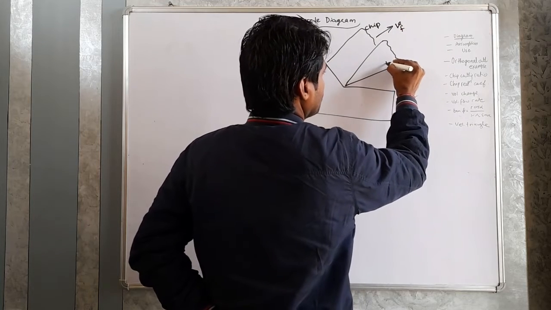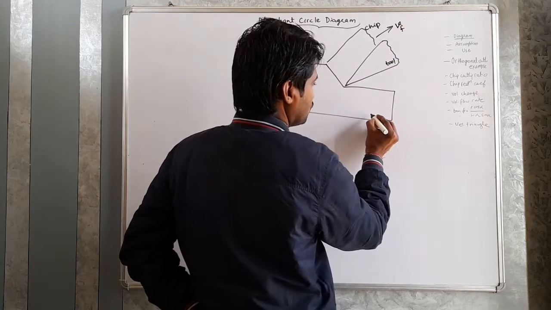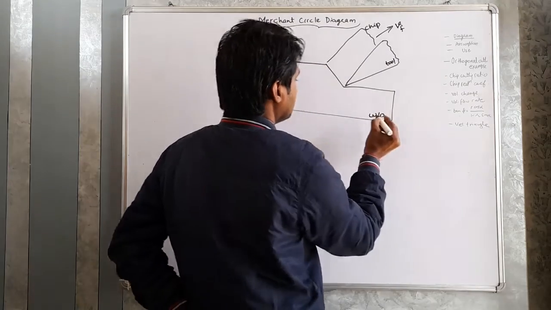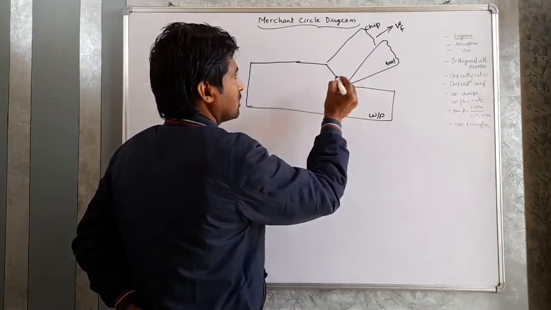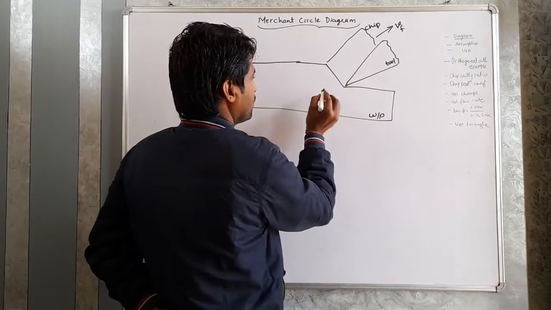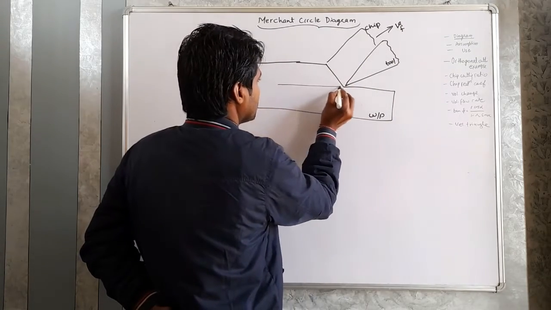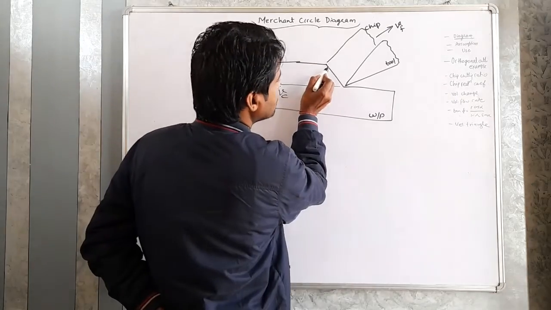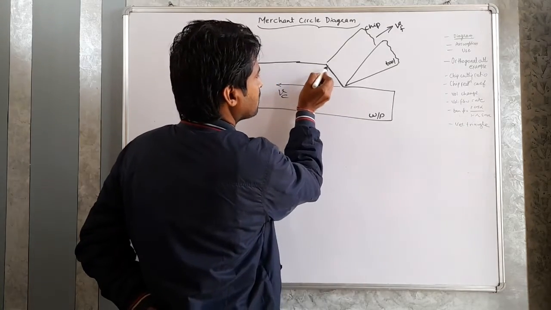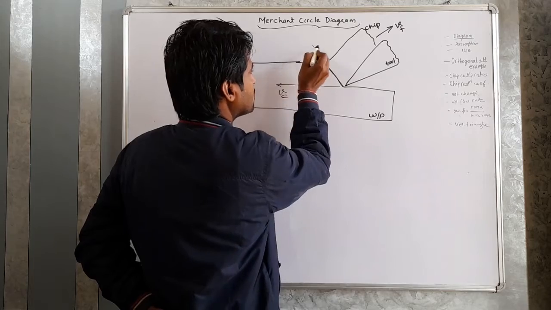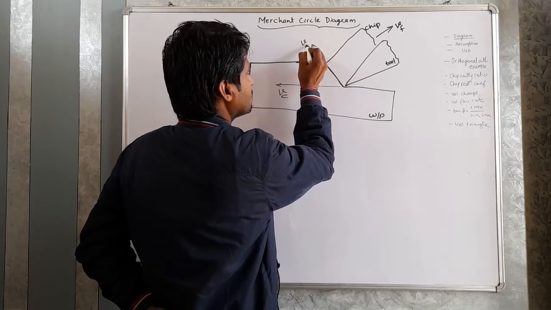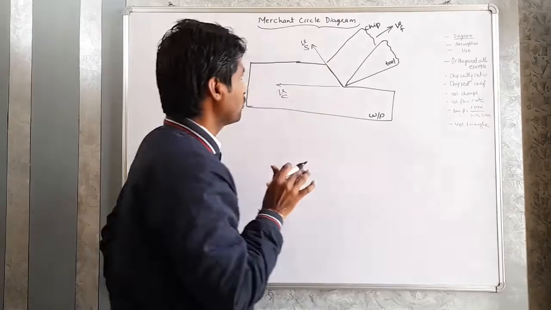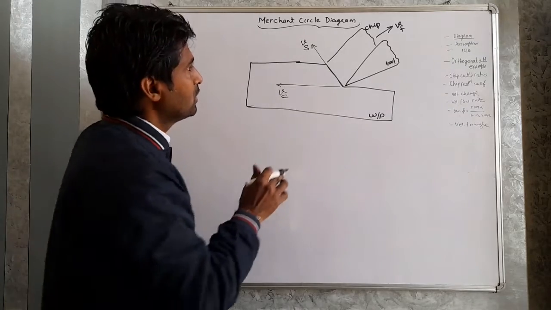This is the tool, this is the workpiece. This chip is flowing with velocity vf and this is the cutting velocity vc, and this is the shear plane. The velocity of the shear plane is vs. Vs is the shear plane velocity.